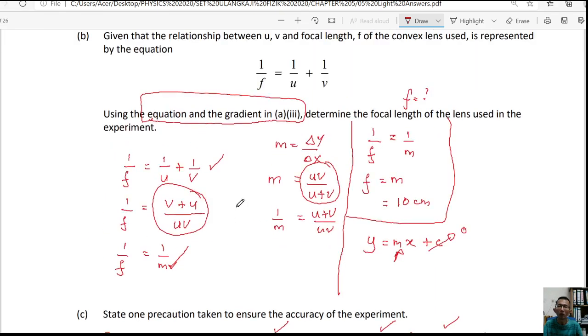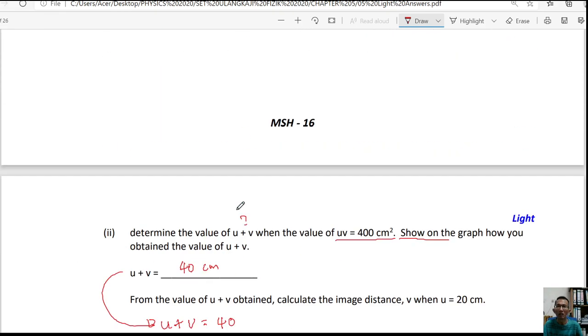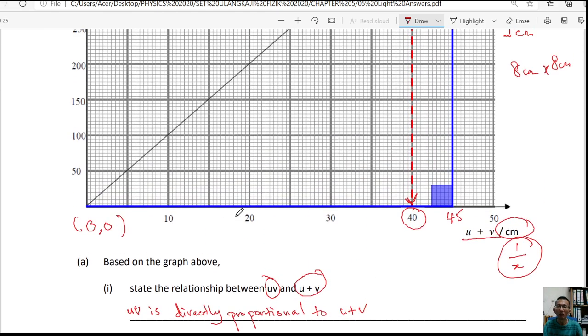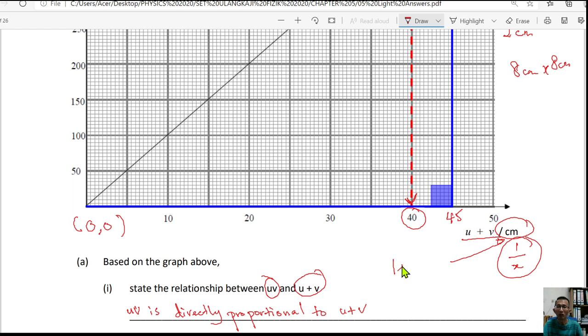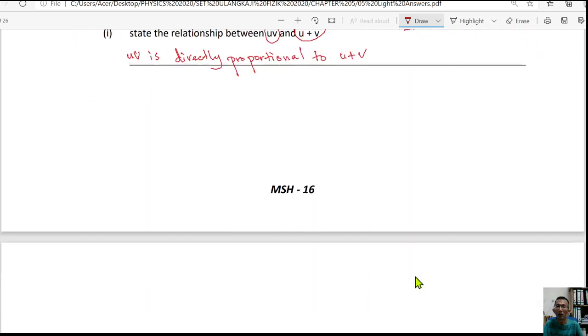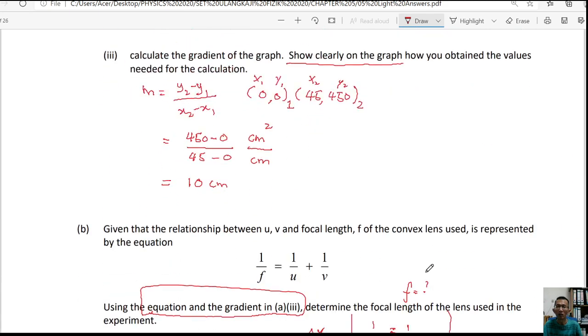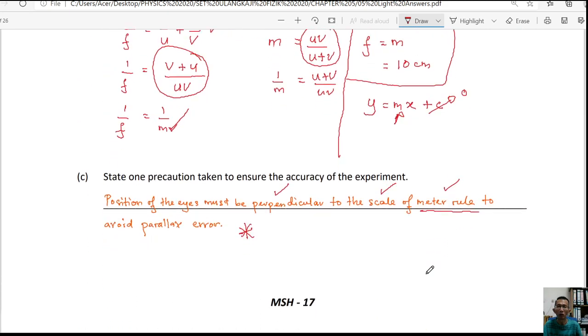Because if I go to the graph, I can see that I have to measure something in centimeter, a unit for length. So to measure length, I will need my meter rule.